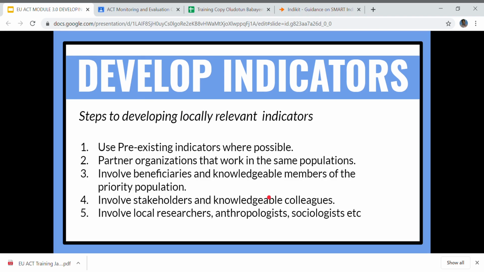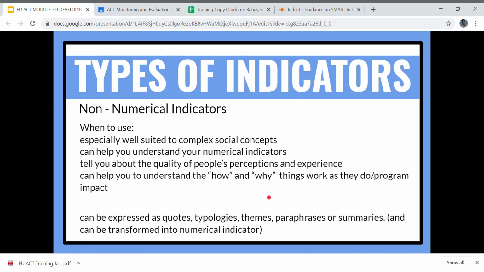And in developing your indicators, it's important that you think about using pre-existing indicators where possible. Most importantly is to engage beneficiaries that will be part of your program. Very, very important. Or look at organizations that have done the same thing in the area that you're working on.